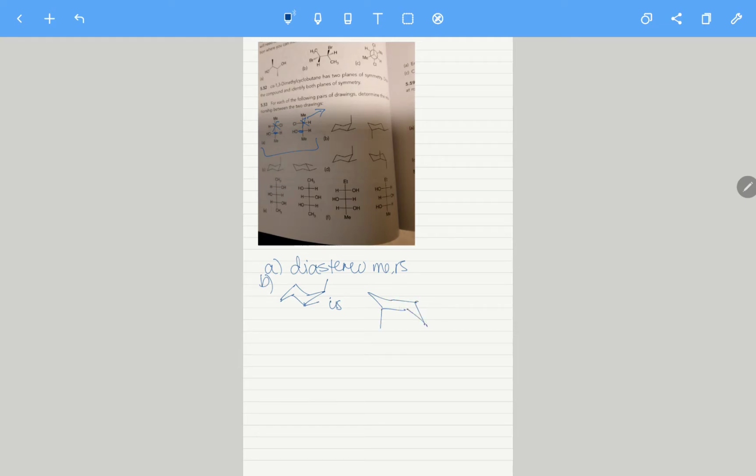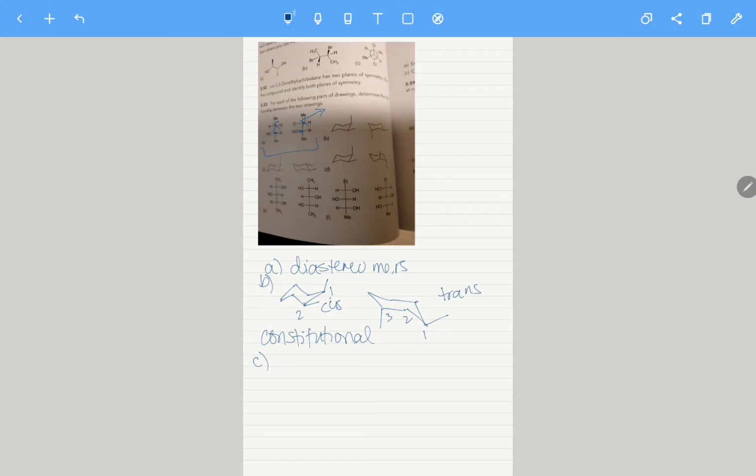So we have these two, and this is 1, 2, 3, and this is 1 and 2. Even though this is cis and this is trans, they're actually not even in the same positions. And so these two are constitutional isomers. They're not the same structure. Very similar to test number 1, where we had to draw constitutional isomers like this.